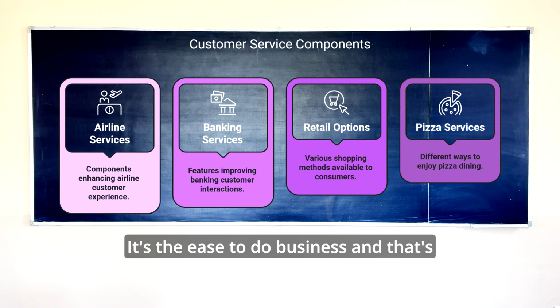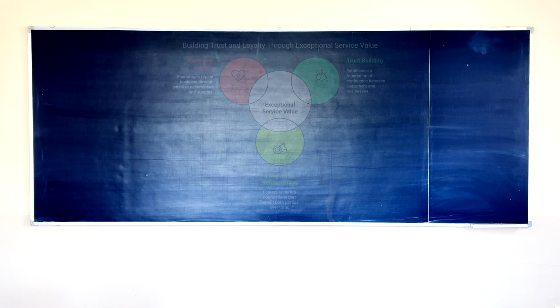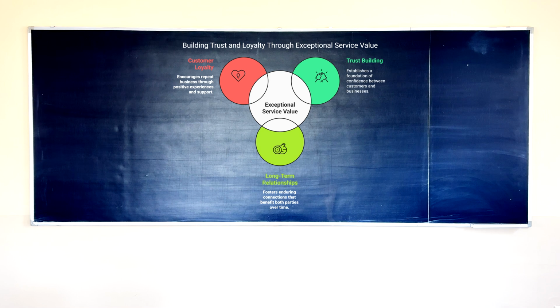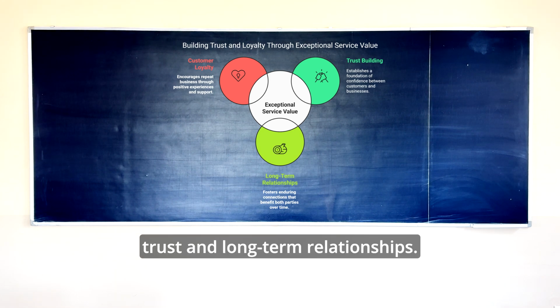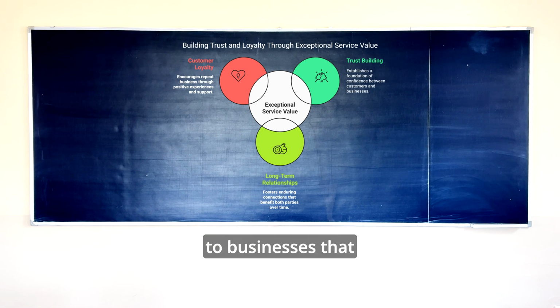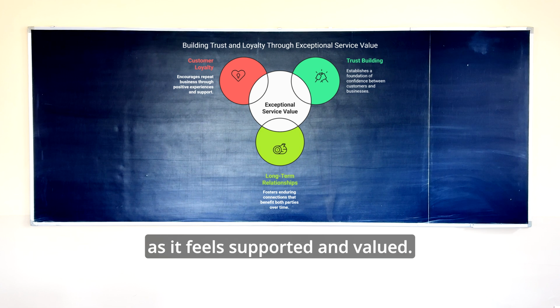It's the ease to do business, and that's what we are looking for in a service value that the brands today are offering. So, what exactly is the impact on the customer? Exceptional service value helps build trust and long term relationships. Customers are more likely to remain loyal to businesses that offer great customer service as they feel supported and valued.